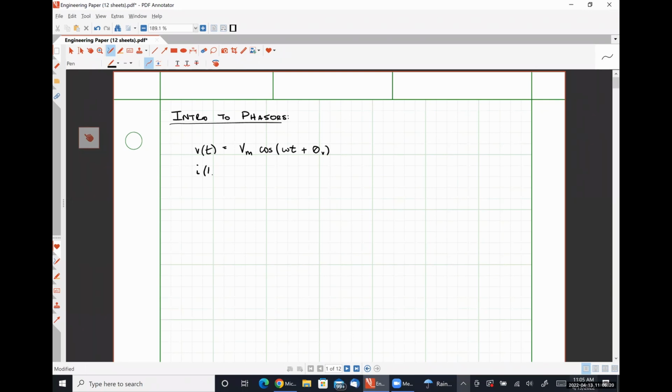And for the sake of argument, let's also look at a current waveform of the same shape. So as a sinusoid, it'll have a magnitude, an angular frequency, and some phase angle theta. These are time domain representations of signals.